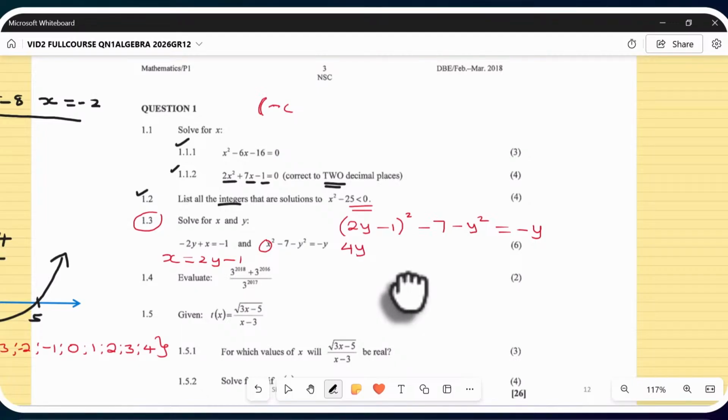Hope we are together. Then the minus 4y plus y becomes minus 3y, and then the 1 minus 7 becomes minus 6, equals 0.